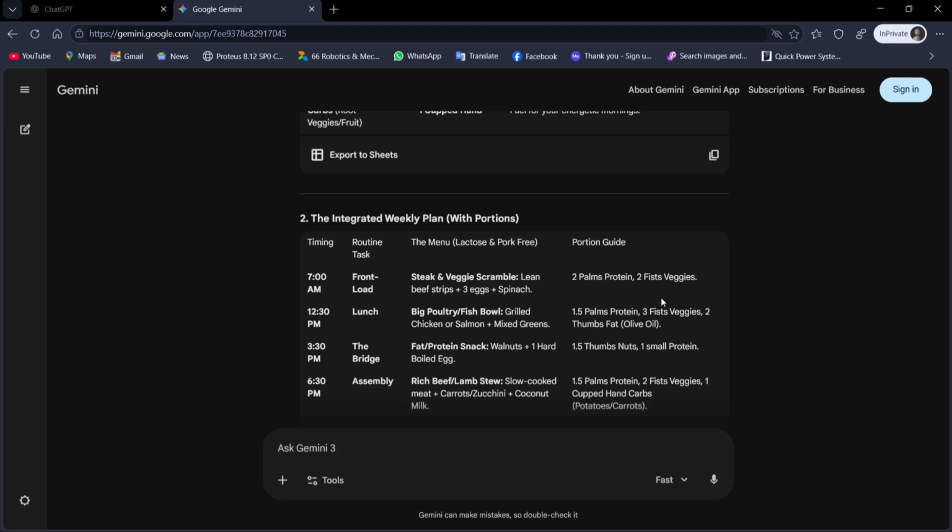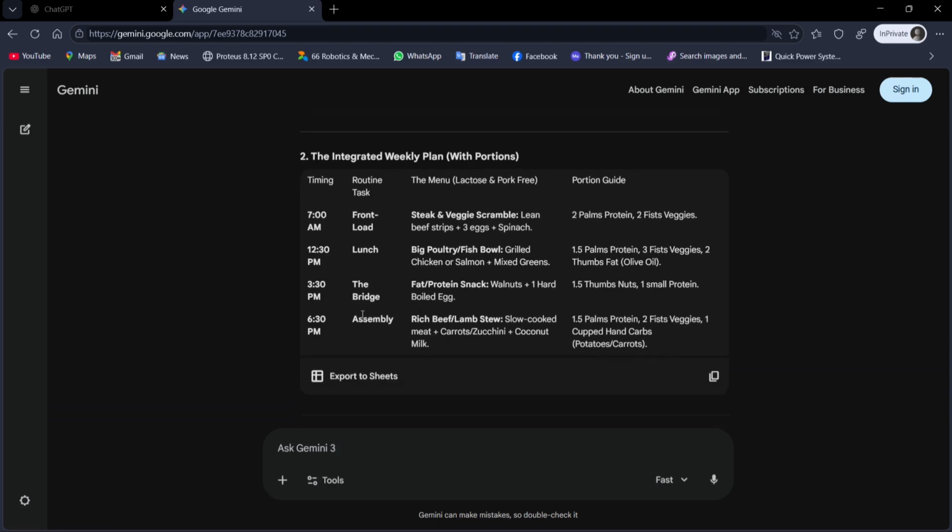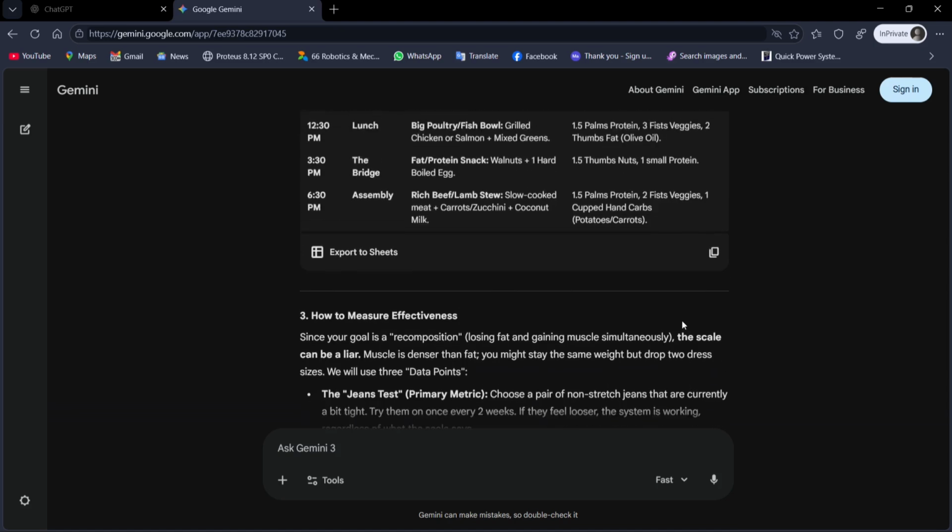You make your hand into a fist and compare it with the size and amount of vegetables. Is it the same volume and size, right? Then lunch, we have 1.5 palms of protein, 3 fists of vegetables, 2 thumbs of fats, 1.5 thumbs of nuts, one small protein, right? 6:30 p.m., assembly rich beef, 1.5 palms of protein, 2 fists of vegetables, and yeah.